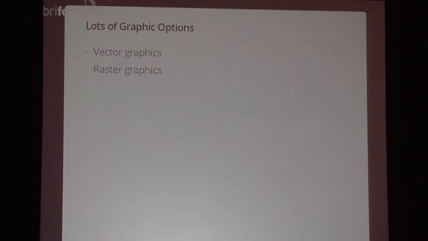A simple explanation: think of raster graphics like MS Paint, and think of vector graphics like Visio. When you do vector graphics, you're working with visual elements, and you basically say this is a line and it's here, and this is a starting coordinate and the ending coordinate.